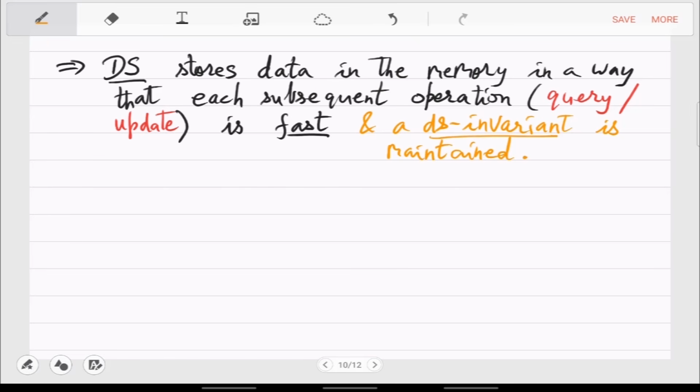So like in the sorted array case, as new elements arrive, and as you do a query or an update, you can add an element, you can delete an element. You have to show that in every step the array remains sorted. It should never happen that the array gets unsorted or that the invariant gets violated. If you don't do that, then your whole design is actually faulty. You may not get any marks, for example.